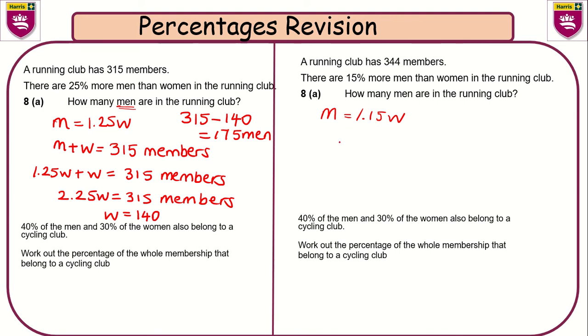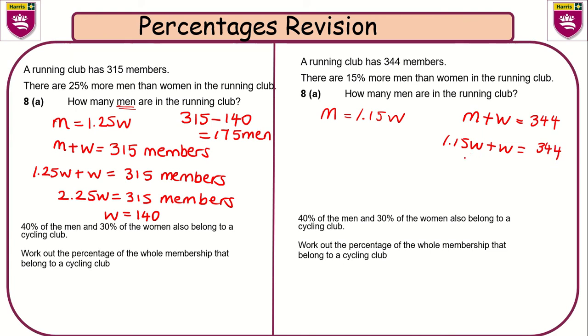Okay? Now, I know that the total amount of members we have is 344. So instead of writing M, I can now simply write down 1.15W instead of M, because they are the same thing. So 1.15W plus W equals 344 members.